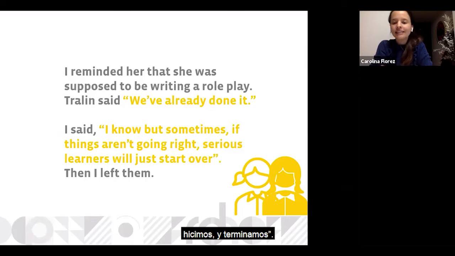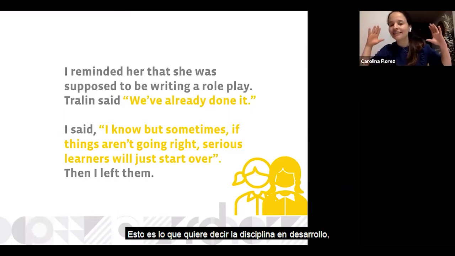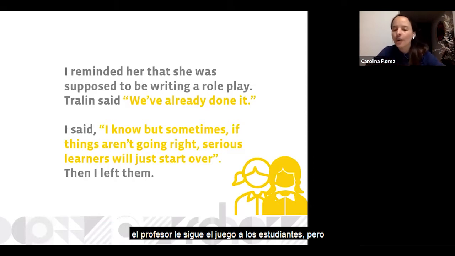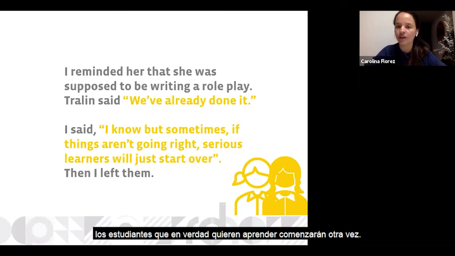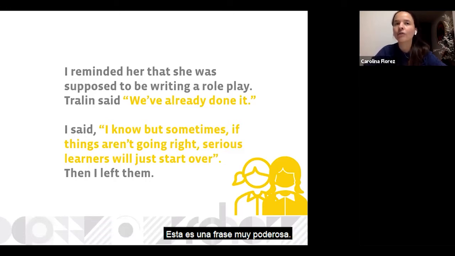And this is what developmental discipline means, because the teacher says, I know, but sometimes if things aren't going right, serious learners will just start over. And that is a really powerful sentence.